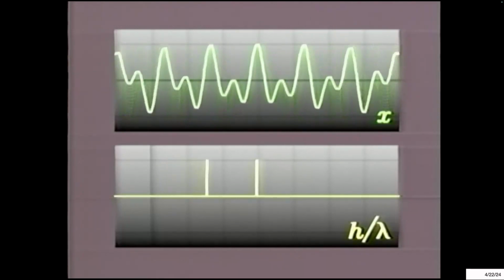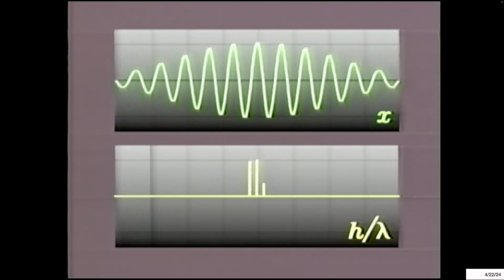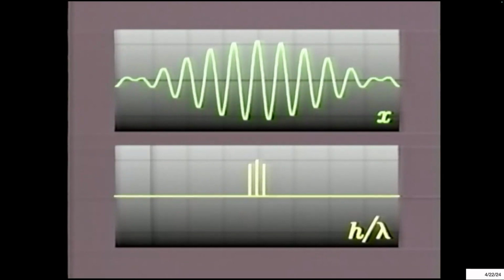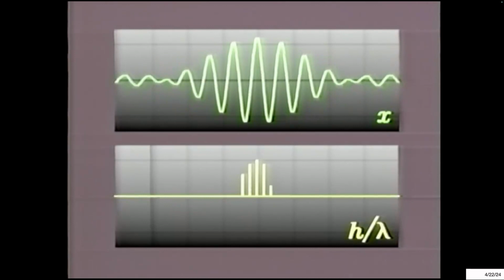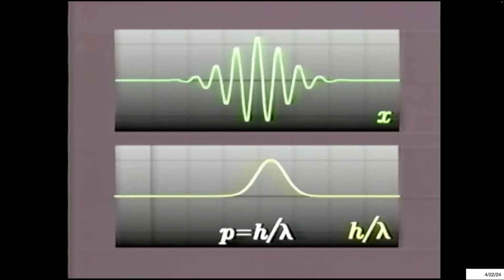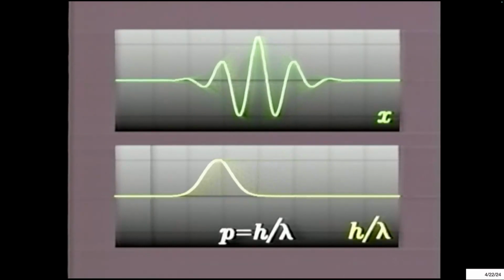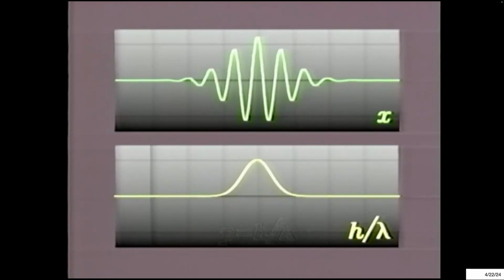And if those wavelengths are close together, and especially if more waves of nearby wavelength are added, the result can be a kind of wave concentrated in a limited region of space. Adding more and more waves of different frequency and wavelength, different momenta. So with a range of wavelengths, and therefore a range of momenta, a wave-like object can be constructed in a fairly definite place.